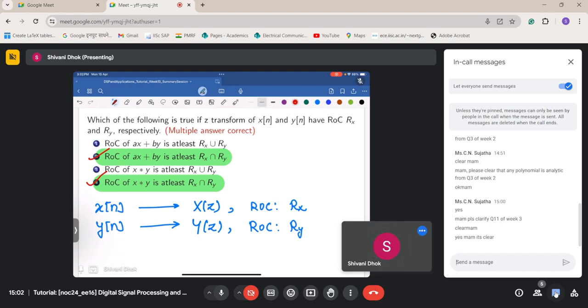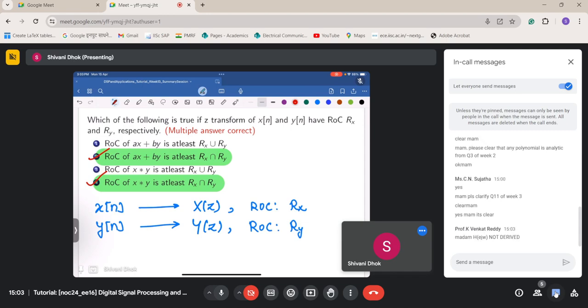Let me check, because I checked it yesterday. Yes, the detailed solution is there.